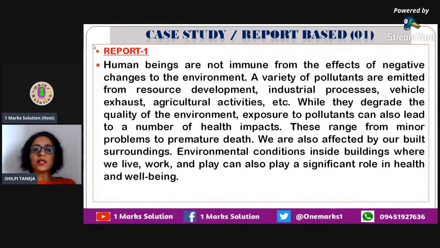A variety of pollutants are emitted from resource development, industrial processes, vehicle exhaust, agricultural activities, etc. While they degrade the quality of the environment, exposure to pollutants can also lead to a number of health impacts. These range from minor problems to premature death. We are also affected by our built surroundings. Environmental conditions inside buildings where we live, work, and play can also play a significant role in health and well-being.